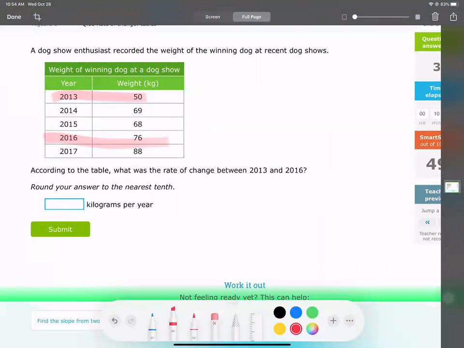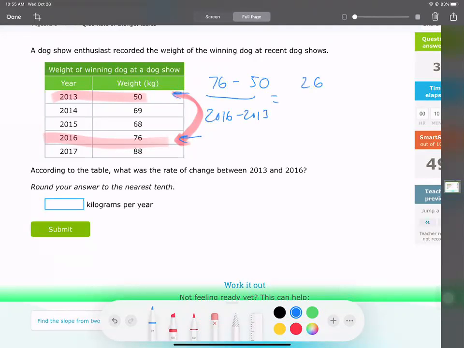Okay, so we went from 50 pounds, well, kilograms, I'm sorry. Gosh, the rest of the world. So 50 kilograms and 76. So that's the rate of change. So you always write the bigger number. Oh, actually, you know what? You pick an order. I picked this minus this, later minus earlier. 76 minus 50 over 2016 minus 2013.